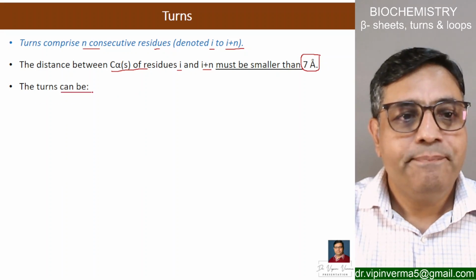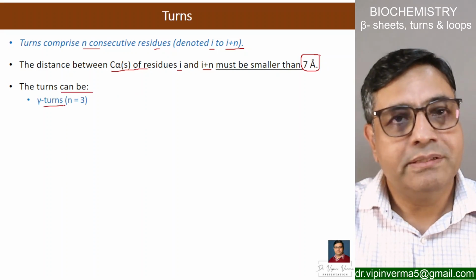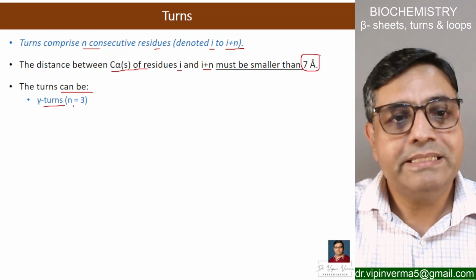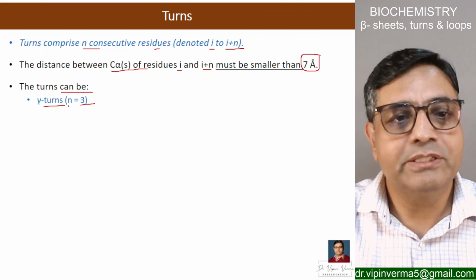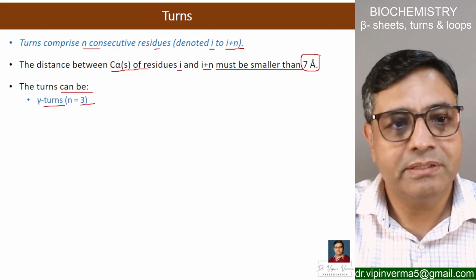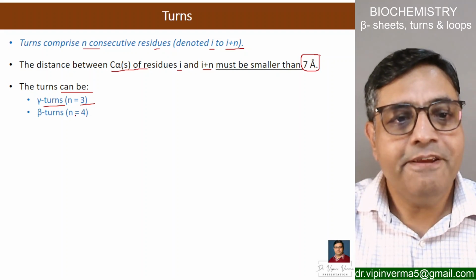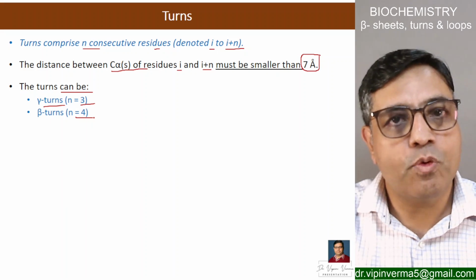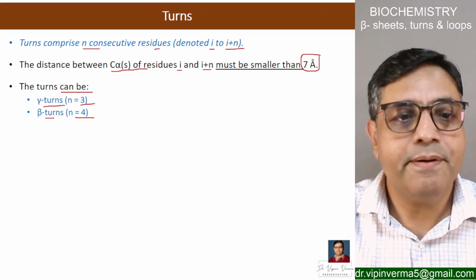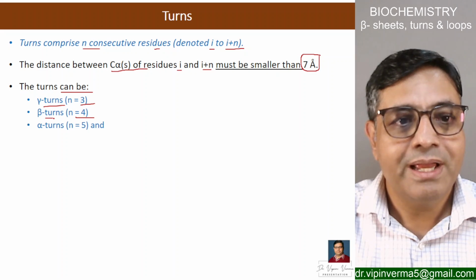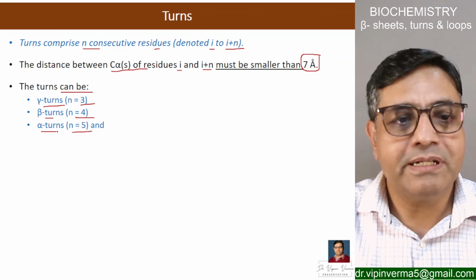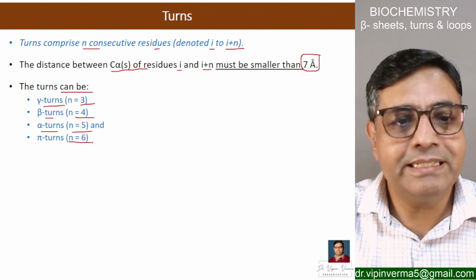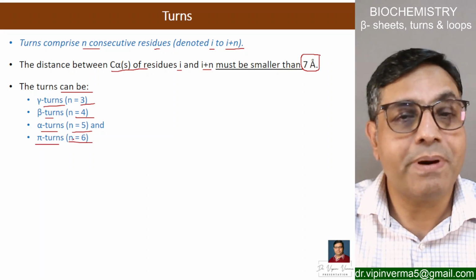Turns can be gamma turn. Now gamma turn is when n is equal to 3. So this kind of turn is called a gamma turn. Then if n is equal to 4, then it is called a beta turn. If n is equal to 5, then it is called an alpha turn, and then if n is equal to 6, then it is called a pi turn.